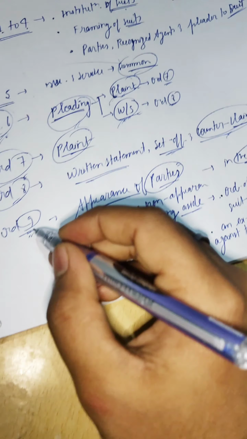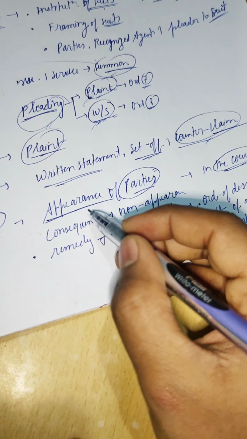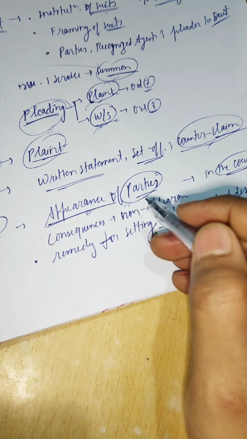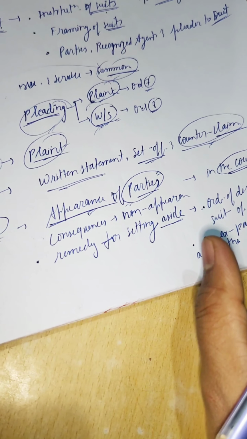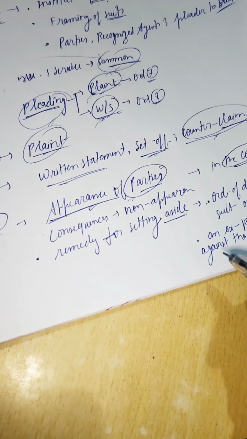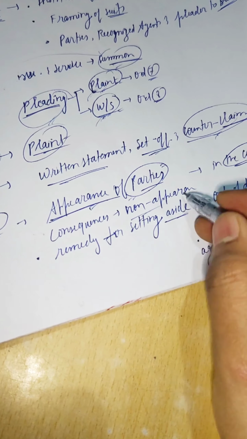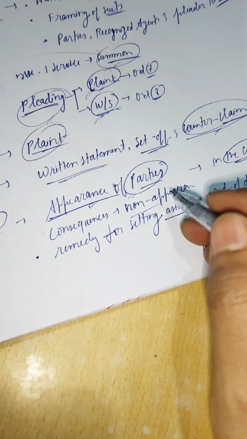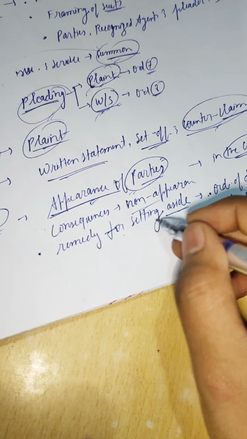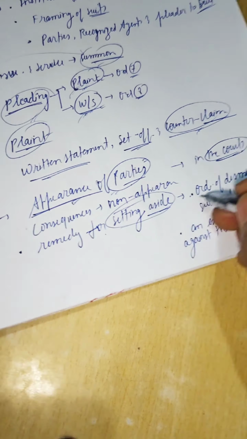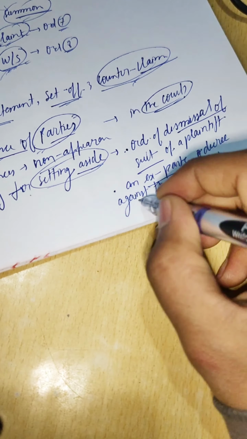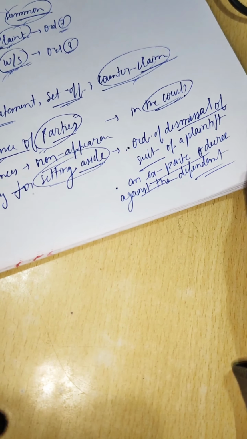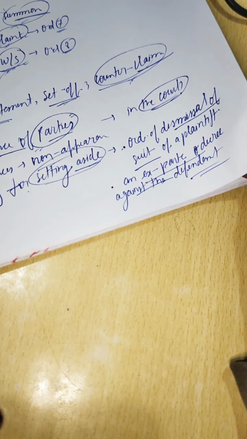Okay, so in order 9 we will discuss the appearance of the parties. So order 9 requires the appearance of the party, and what would be the consequences of non-appearance of the parties. Okay, it also provides the remedies of setting aside the order of dismissal of the suit, and the ex parte decree passed against the defendant, sorry.